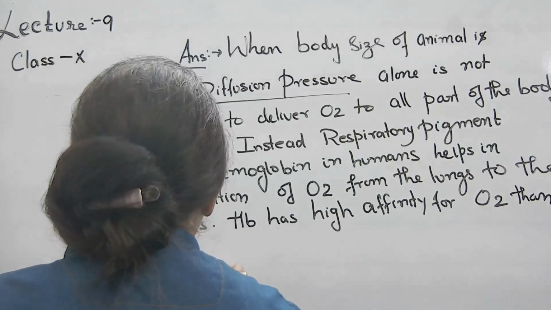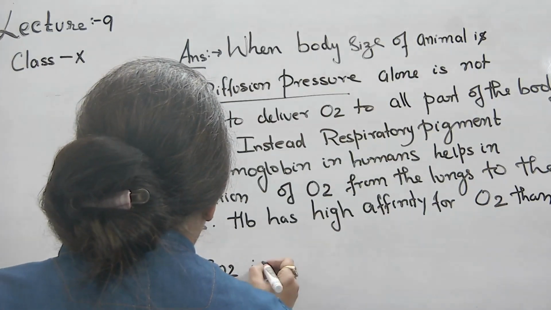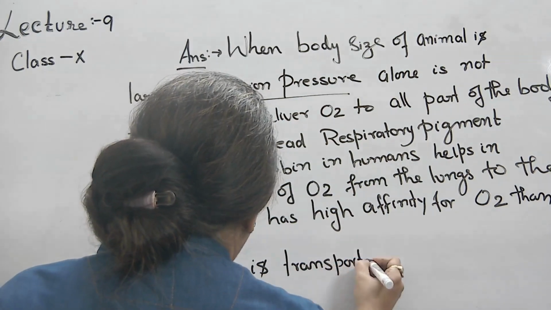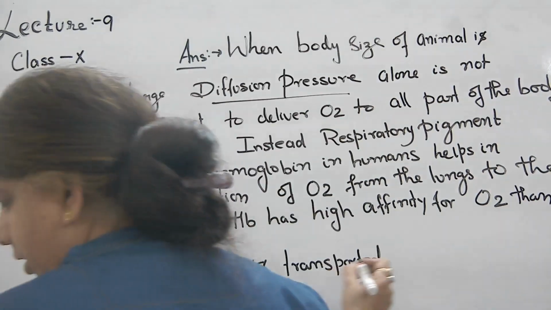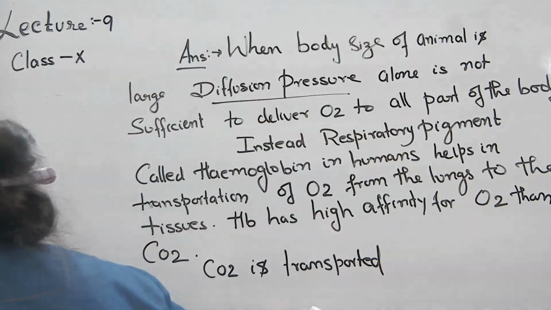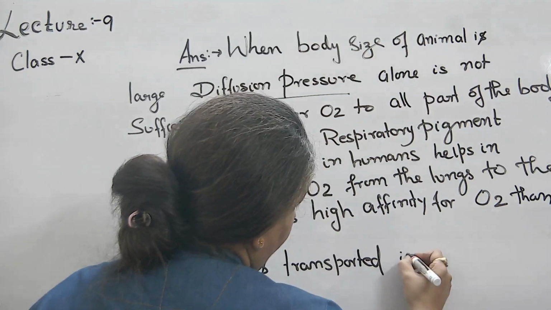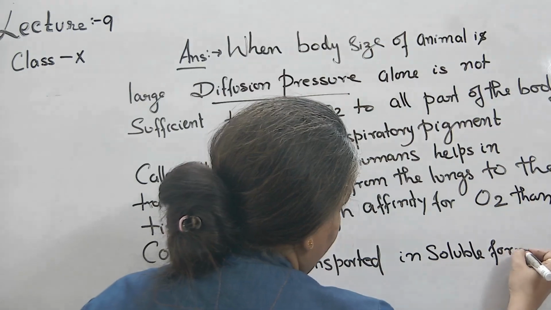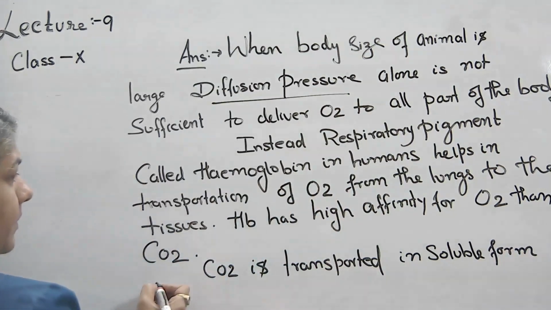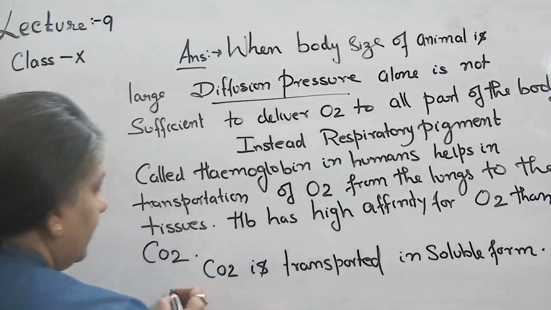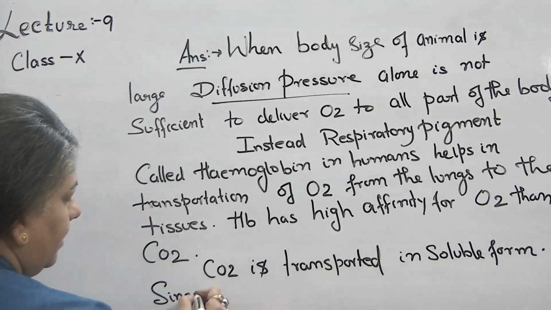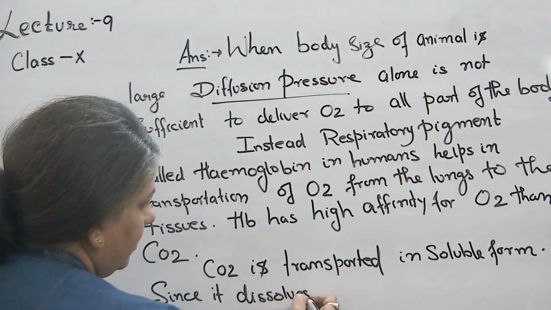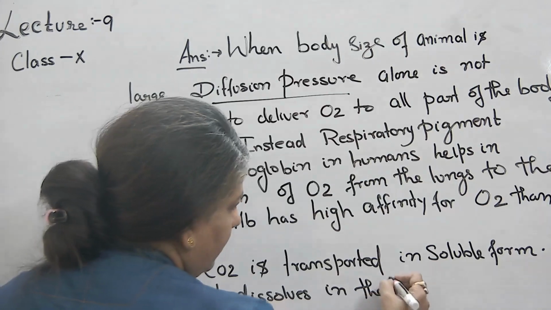See, carbon dioxide, CO2, is transported in soluble form since it dissolves in the plasma of the blood.